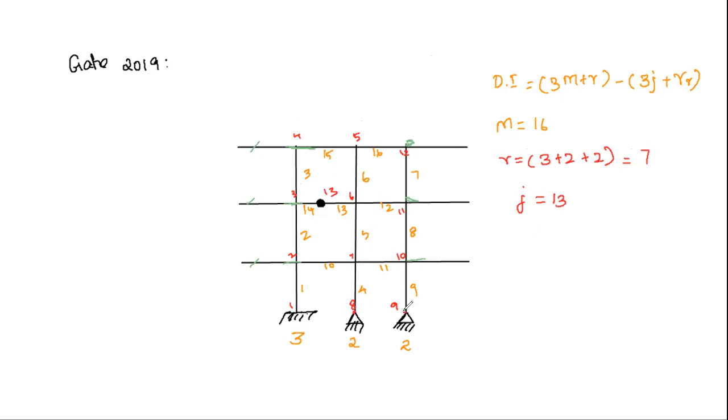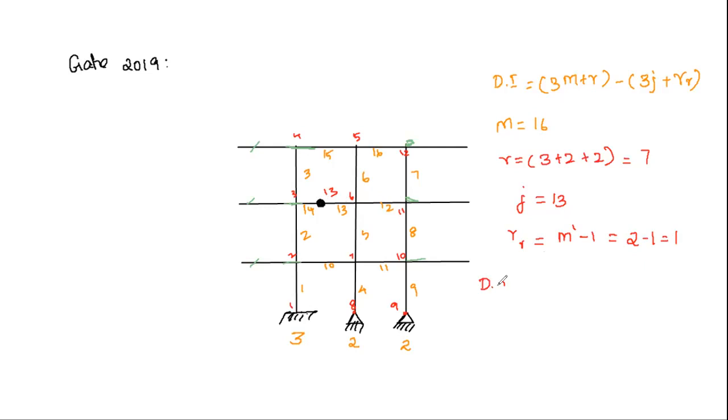We have to count each and every support, hinge and all. There is an internal hinge, so we have to calculate RR. It is m dash minus 1. The number of members meeting there is 2, and 2 minus 1 is 1.